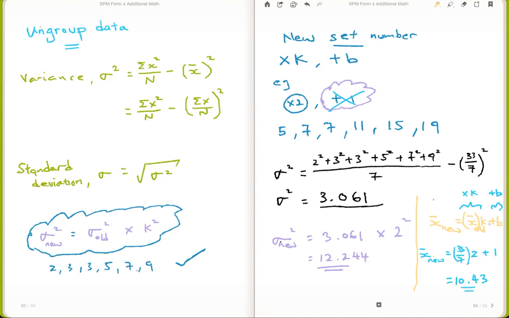Get used to the equation, like the ones over here. These two equations are for questions that give you the sum of x squared. All you need to do is get used to this equation and then you substitute into it and you get the answer.